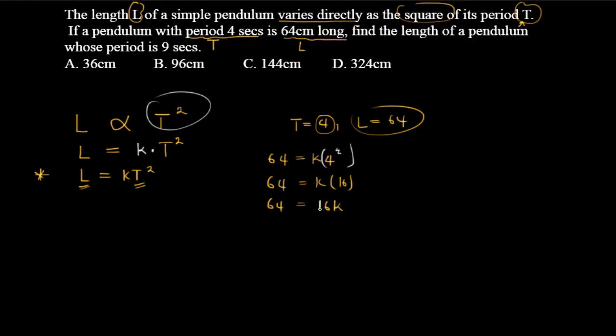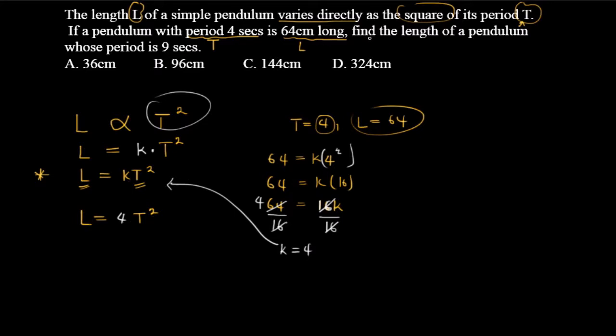Now to find k, I have to divide both sides by 16. 16 in 64 gives you 4. So my k equals 4. Since k equals 4, I can now rewrite this model as L equals 4t squared. This is the equation that properly models the behavior between L and t.